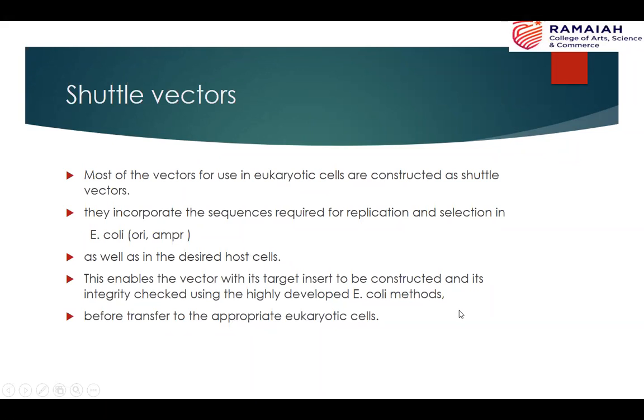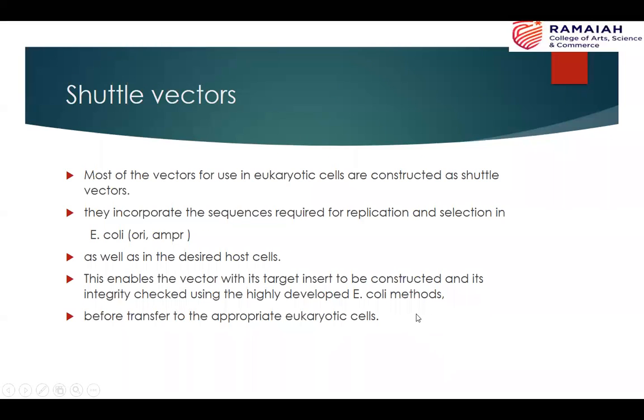As you all know, the E. coli methods like the plasmid methods are well developed and characterized. So the initial steps of this cloning process become easy when you use these shuttle vectors, because the construction of the recombinant molecule and checking its integrity can be carried out in the prokaryotes itself.